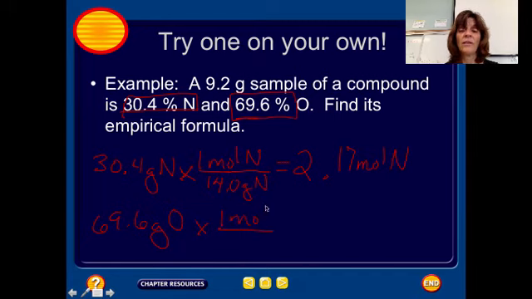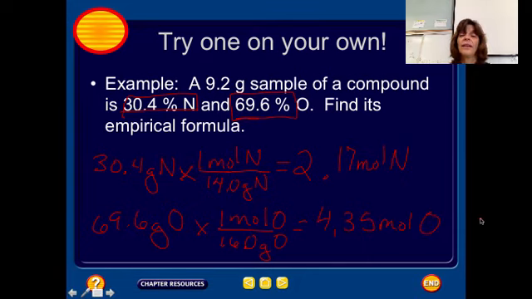Oxygen, 1 mole of oxygen has 16.0 grams of oxygen, which is 4.35 moles of oxygen.